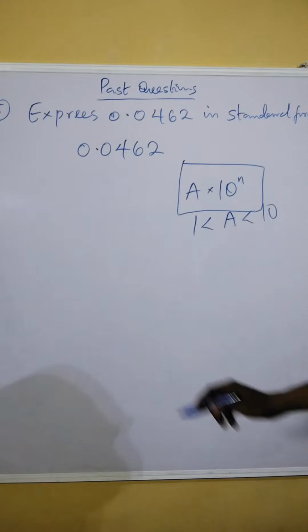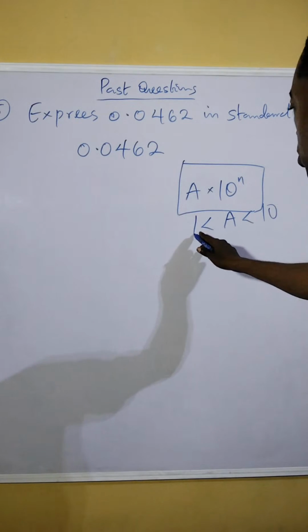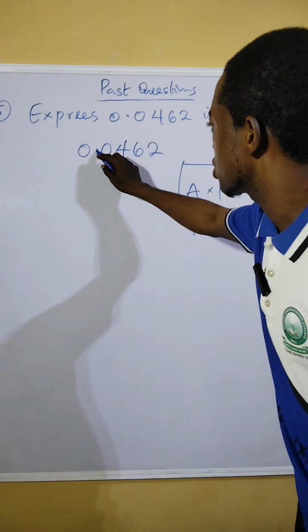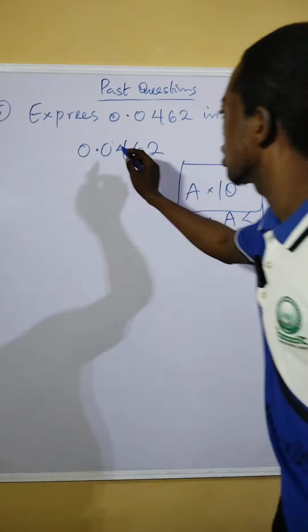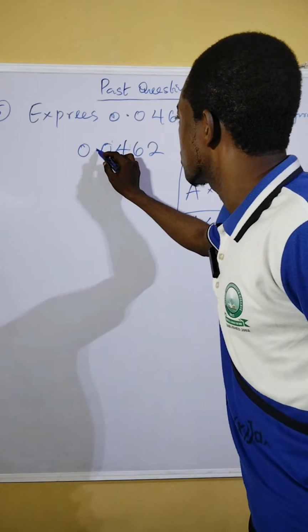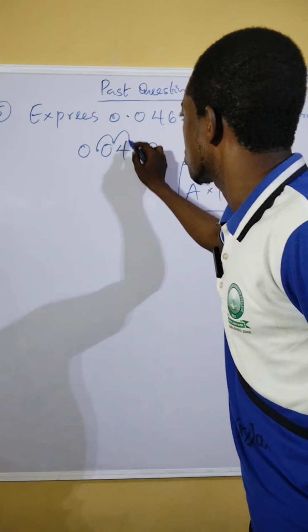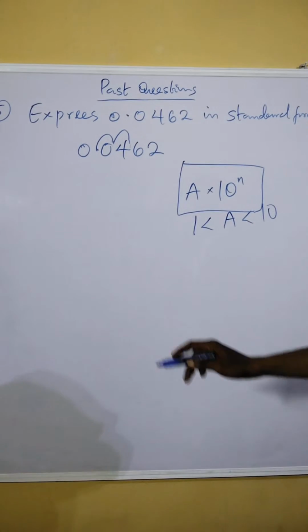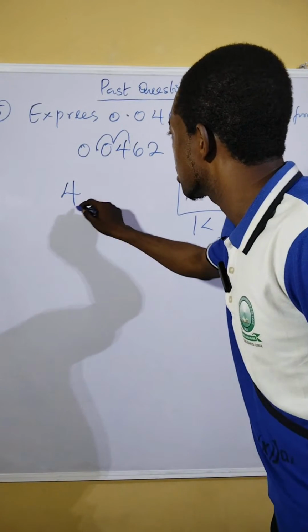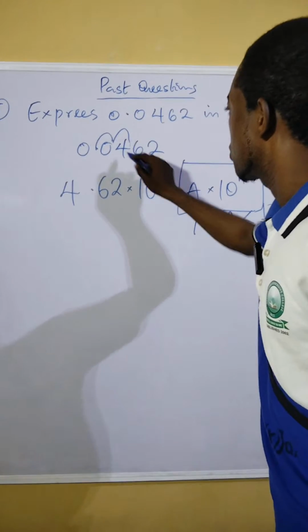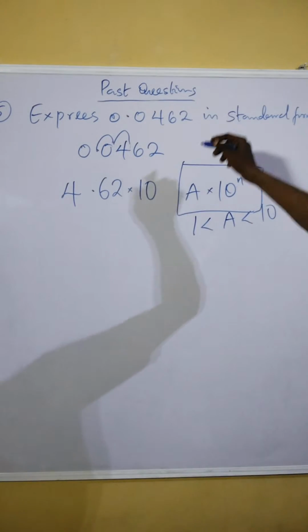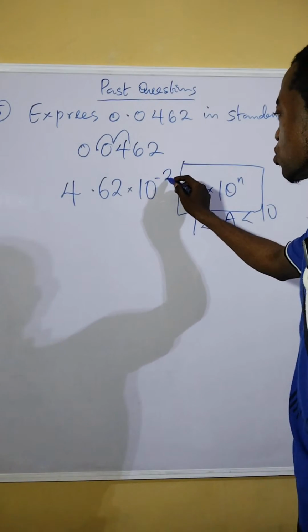So to express this number in this form, we are going to write this number to be more than 1. So we shift the decimal point until we have a number greater than 1. The point will be shifted 2 times, 1, 2. So we are going to have 4.62, then times 10 raised to power, we shifted it 2 times forward, so it will be minus 2.